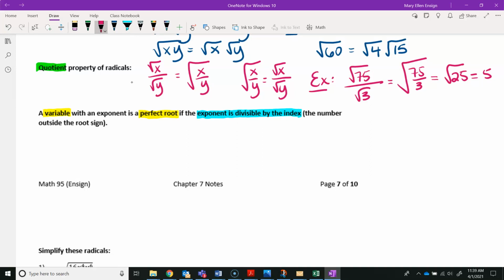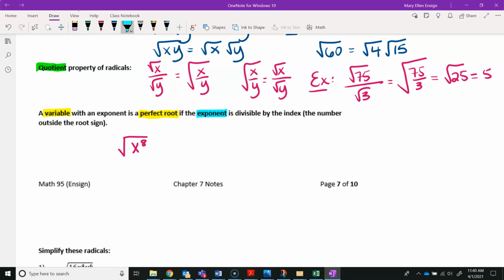So let's say I'm trying to take the root of x to the 8th power. So here I have a variable with an exponent. So it is a perfect root, a perfect square, a perfect third, whatever it is, if the exponent is divisible by the index. So actually, let me color code this for you.